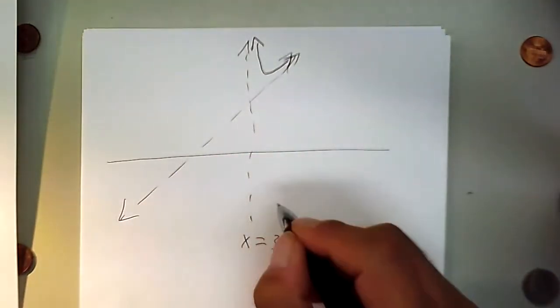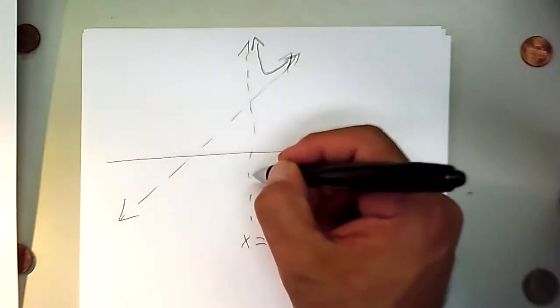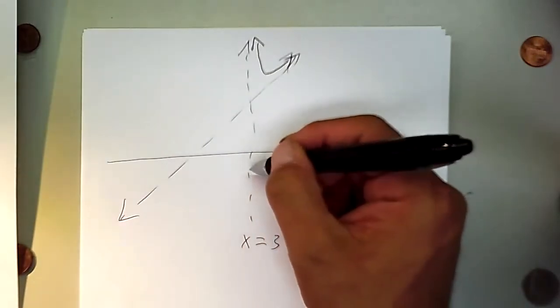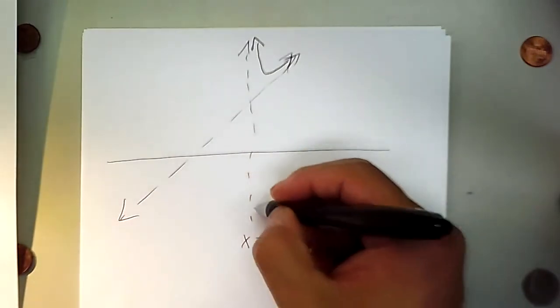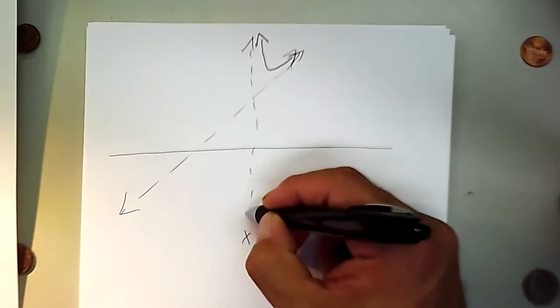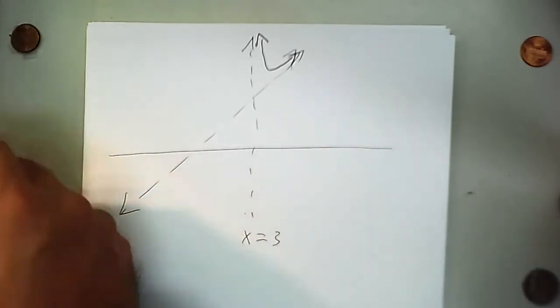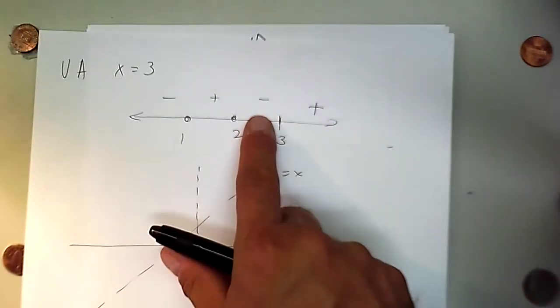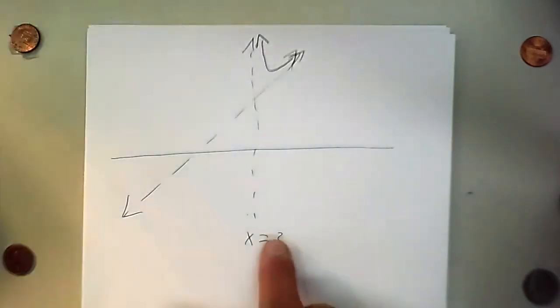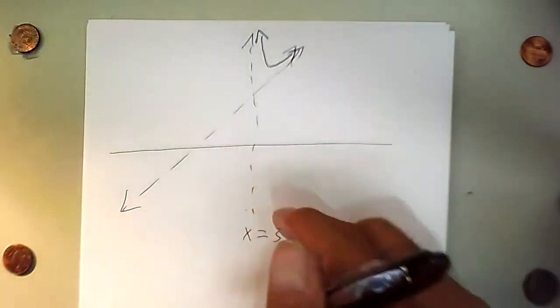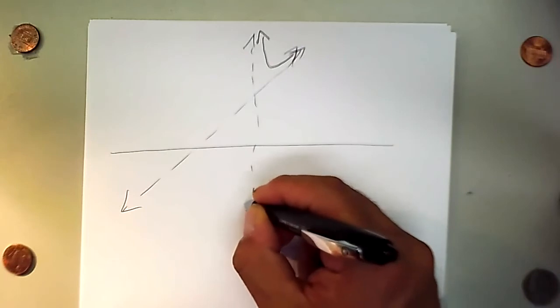I'm not going to draw them yet because I want to draw a picture that is smooth. So the graph is negative. Why? Because we alternate signs from positive to negative through the 3. Negative means under the x-axis, so we're going to do this.